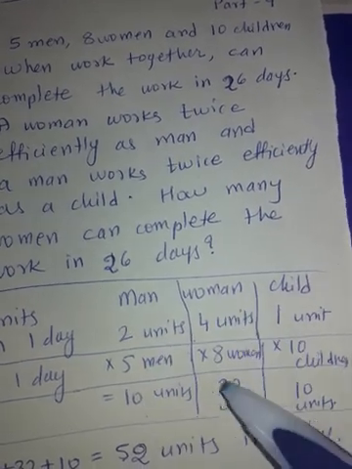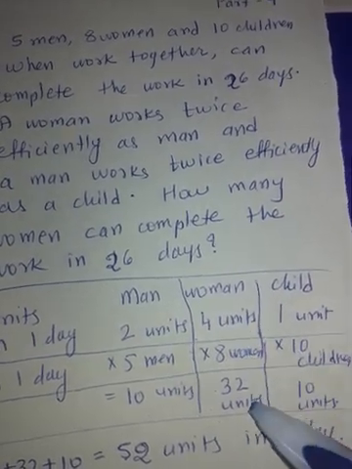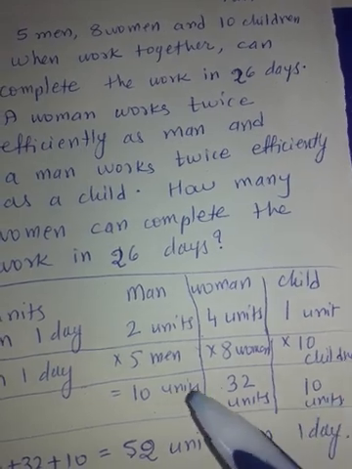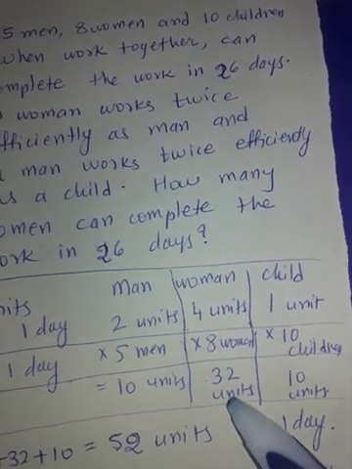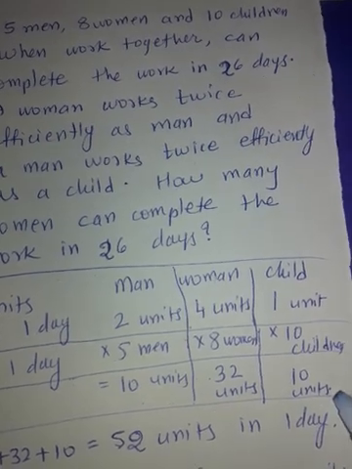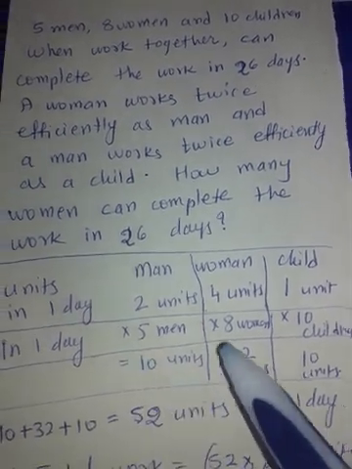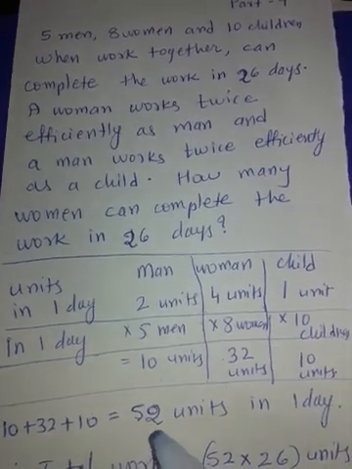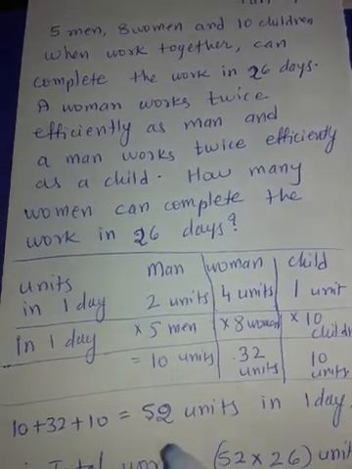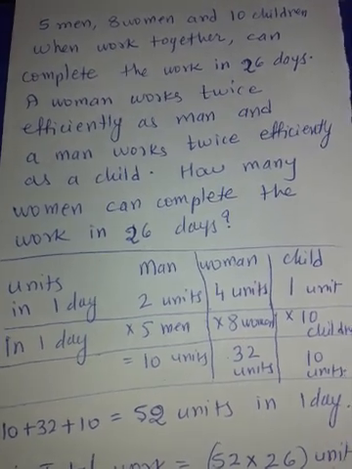So I just multiplied: 2 fives are 10, 4 eights are 32, 1 ten is 10. So in one day, this set of people will complete 10 units plus 32 units plus 10 units, correct? So 5 men, 8 women and 10 children finish 52 units of work in one day. That much we now know.